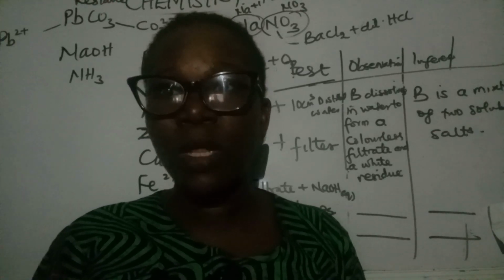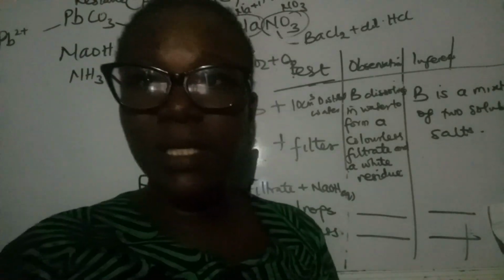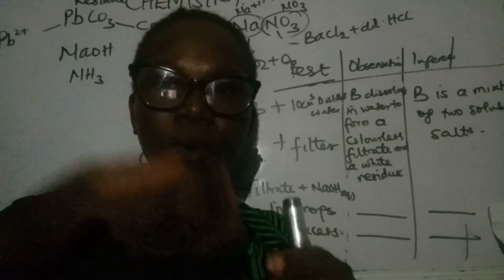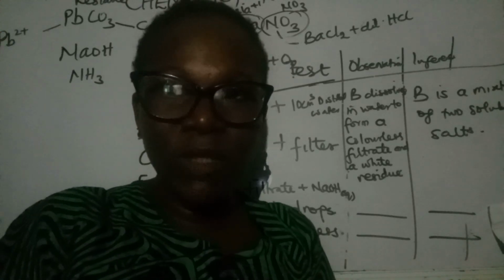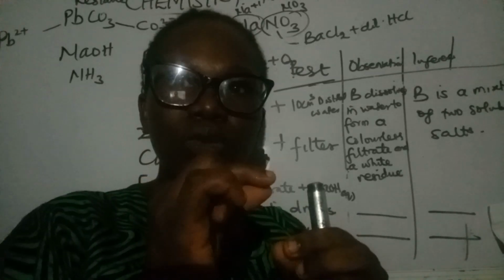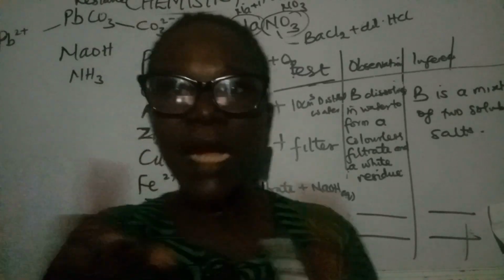Now, if you are asked to heat or add dilute hydrochloric acid, observe the vapor coming out. Bring a blue and red litmus paper that is moistened, that is, you have wet with distilled water. Bring it close to the tip. If there's a color change, it means the gas is either acidic or alkaline.